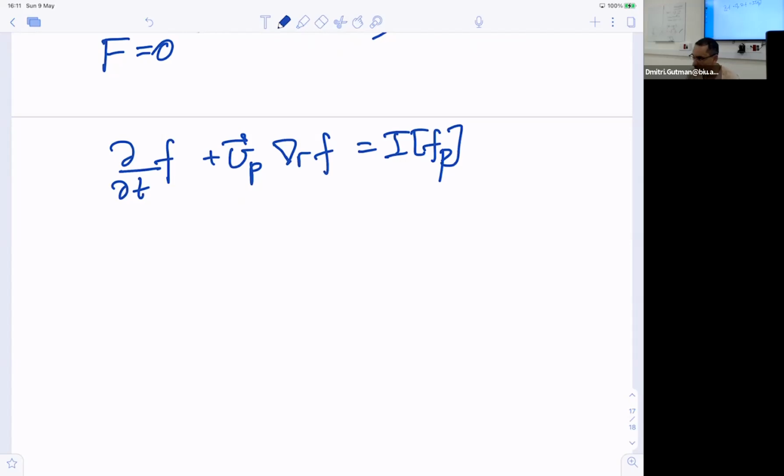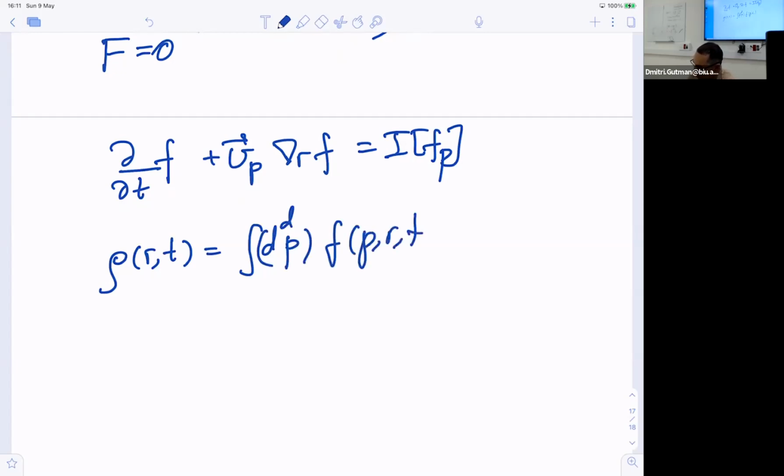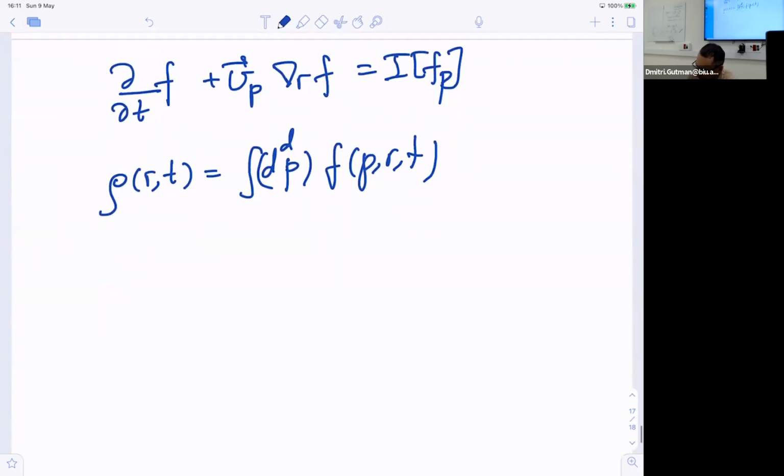Well, actually, it's a very simple way to derive the continuity equation. The only thing one needs to do is to realize that the particle density at the point r at the time t is an integral over dp of f of p, r and t. So one takes the density in the phase space and sums over all the momentum, one gets the density in real space.